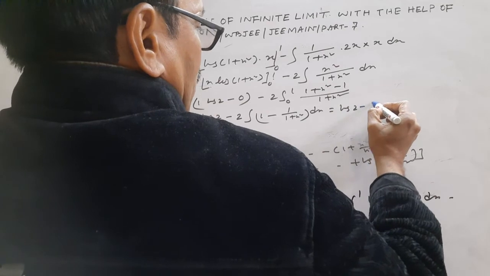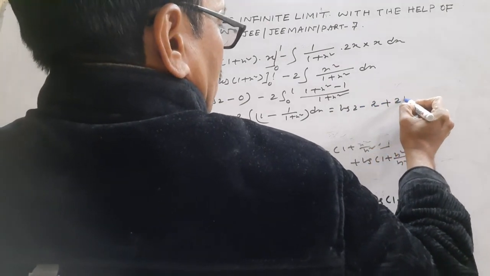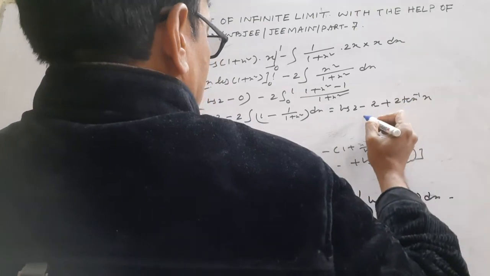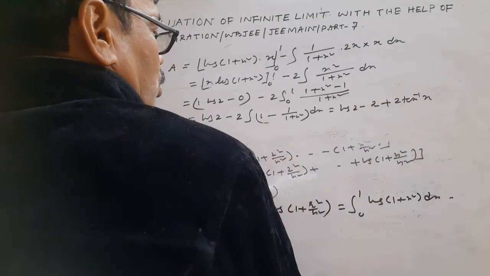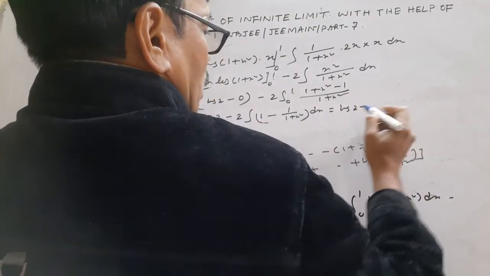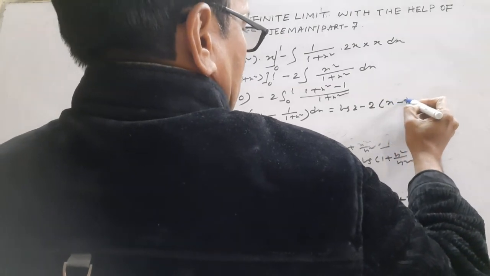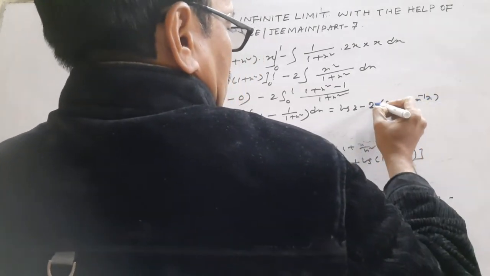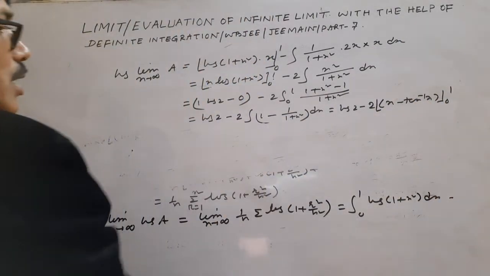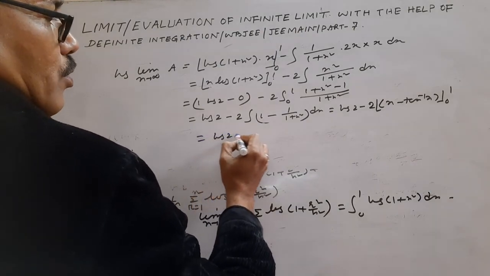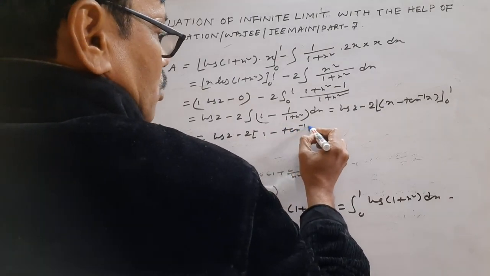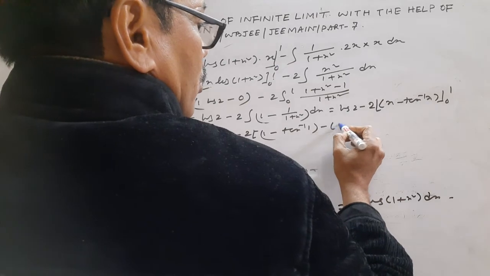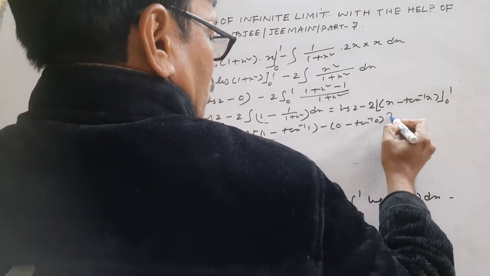So log 2 minus 2 times x minus tan inverse x, from 0 to 1. So finally log 2 unchanged, minus 2 into, if we put 1, 1 minus tan inverse 1, minus 0 minus tan inverse 0.